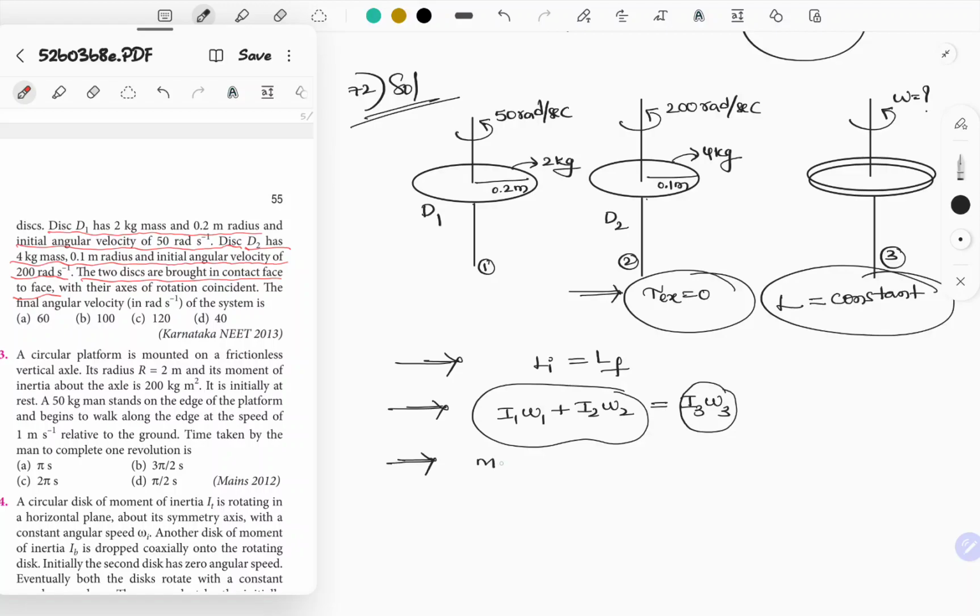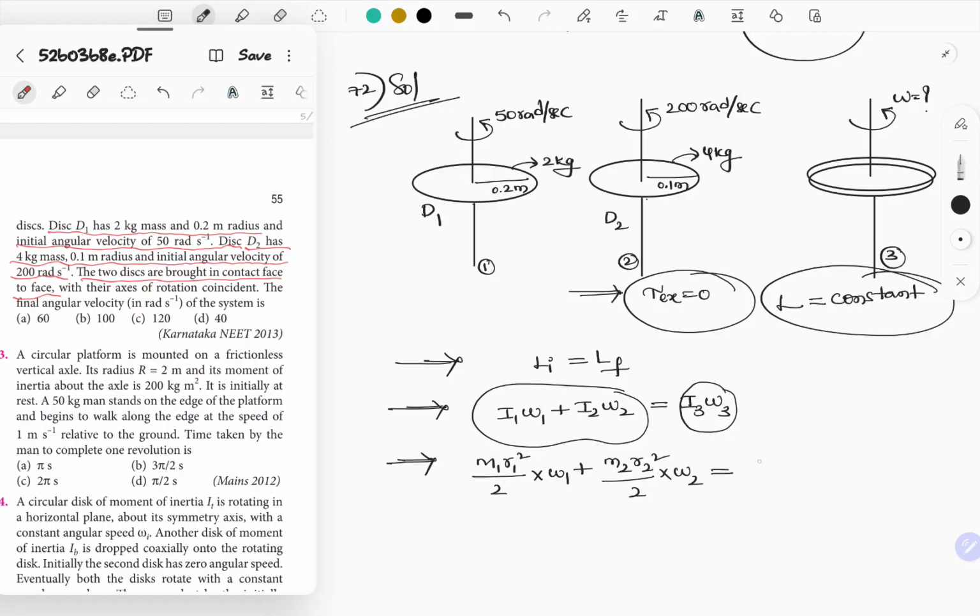So it is m1 r1 square by 2 into omega 1 plus m2 r2 square divided by 2 into omega 2.